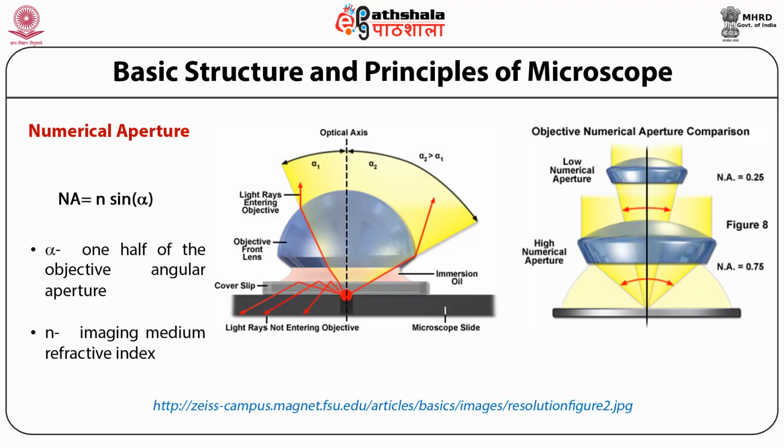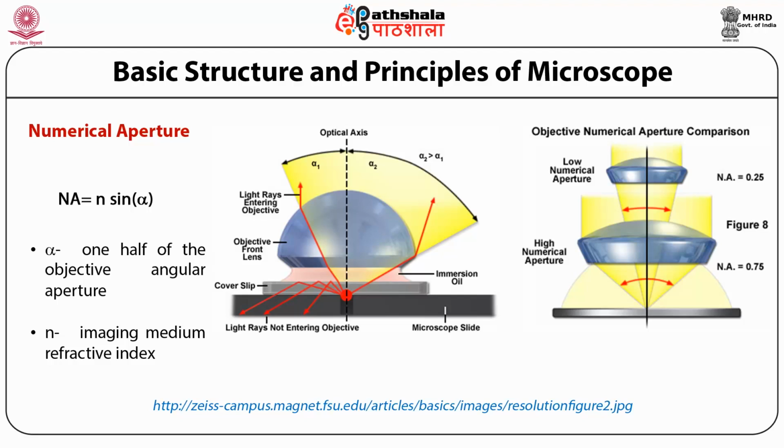So as you can see, NA in this case is defined if you have a microscopic slide which is kept here, then you have your sample shown in red dot here, covered with a cover slip. Now when the light is emitted from the sample, there is specific light which does not enter into the objective lens, but there is the light which goes back to the lens, which will also depend upon the immersion oil or the refractive index of the immersion oil if you have.